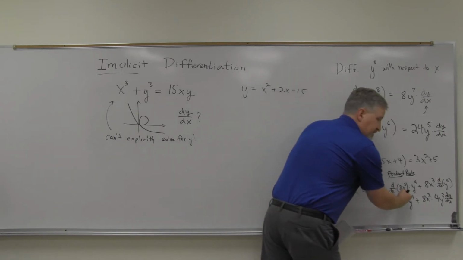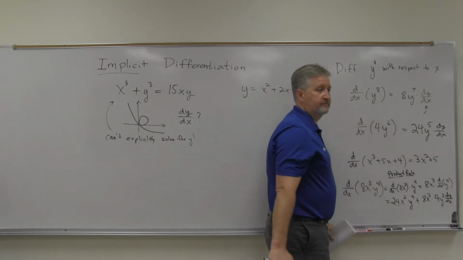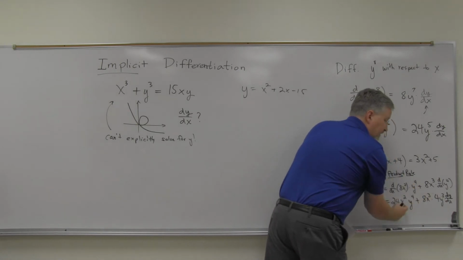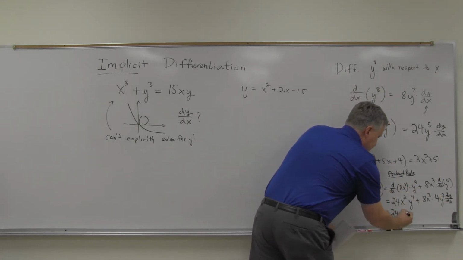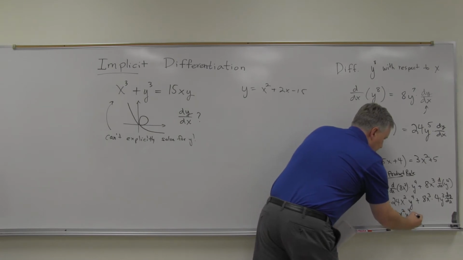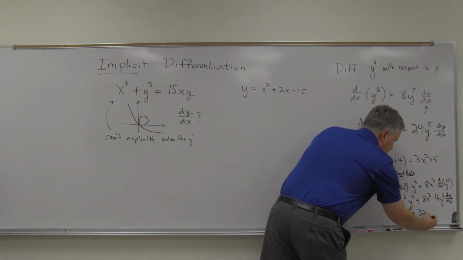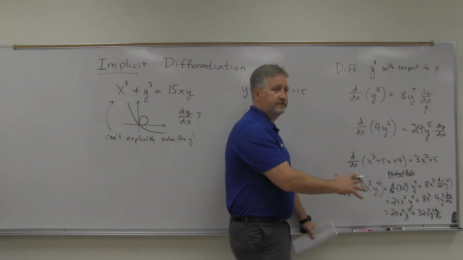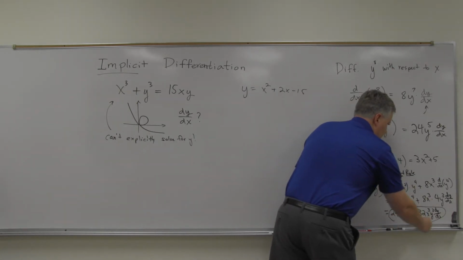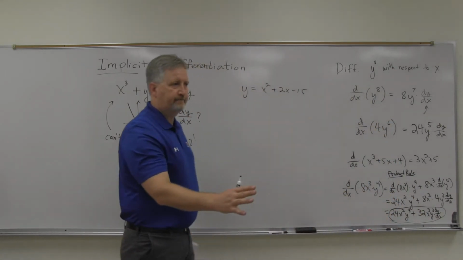When you do the derivative with respect to x of just x, you don't need it. So that's why it's here and it's not over here. And of course, multiply, clean that up. That'll be 32 x cubed y cubed dy over dx. All right? Question? Any question?